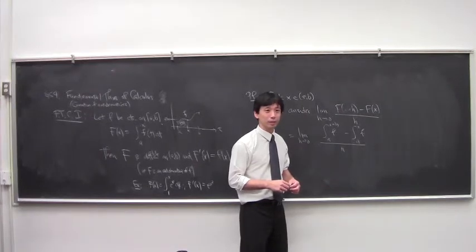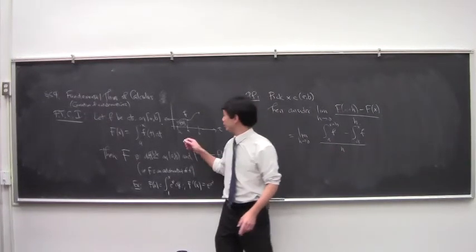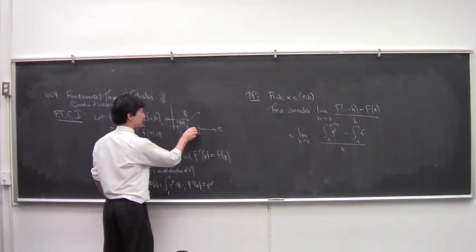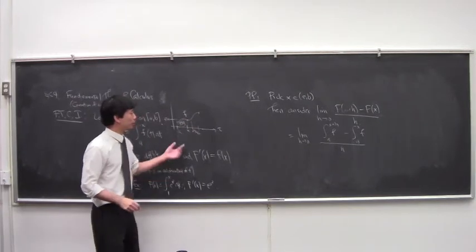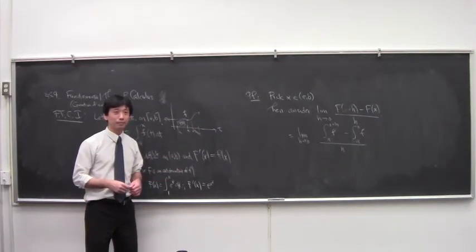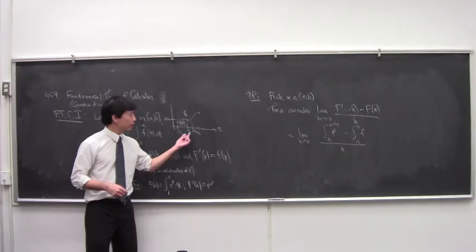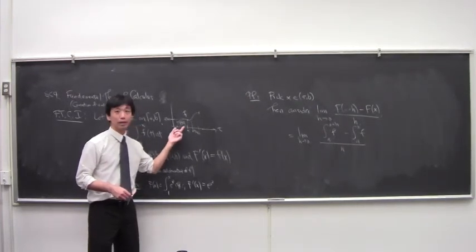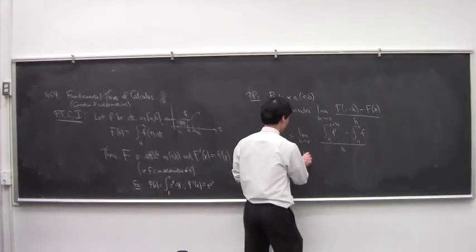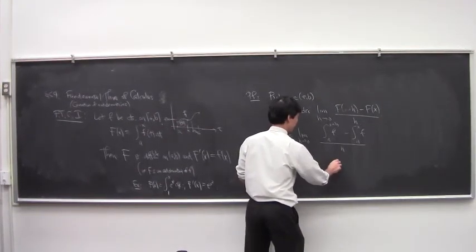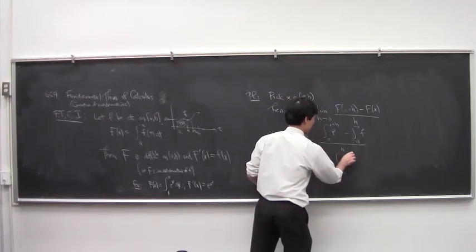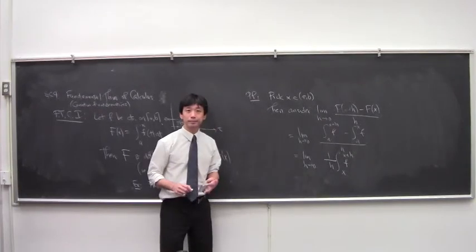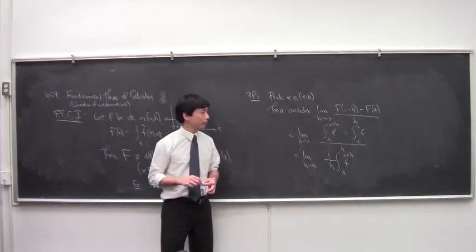Can anyone tell me? It'll be the integral from x to x plus h, right? Because you're taking this area minus this area. So just by the properties of the integral, you get the integral from x to x plus h of little f, and you divide that by h, right?